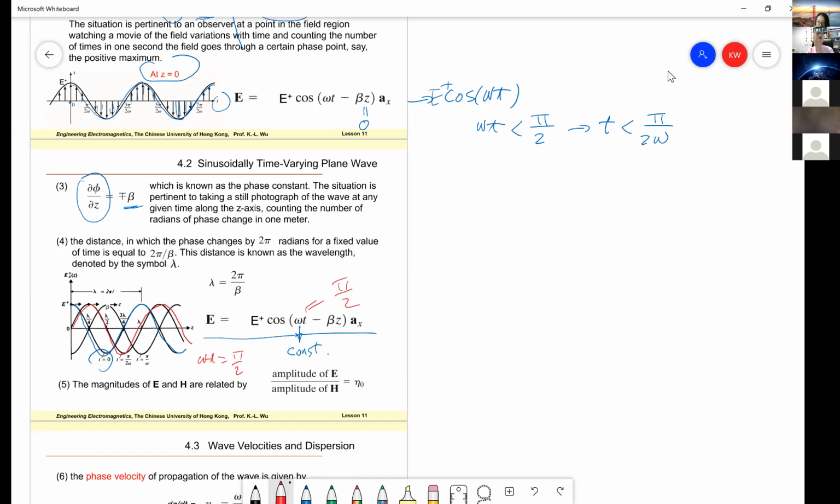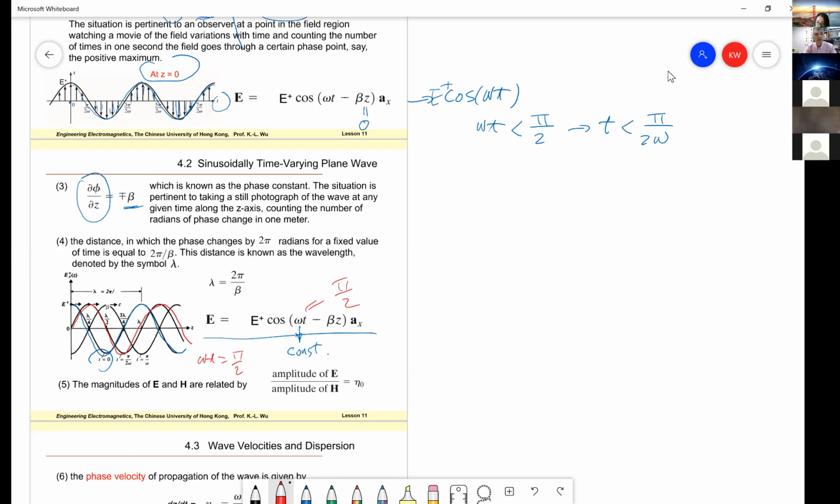So at different time snapshots, if you can measure the field along the propagation path, this is the signal strength. Mathematically, you can measure it.